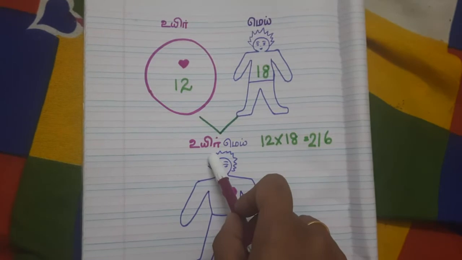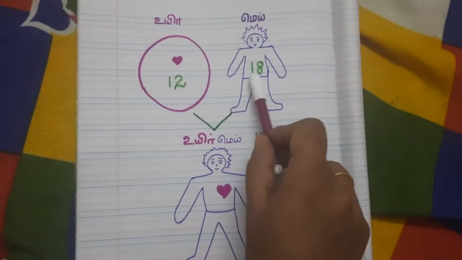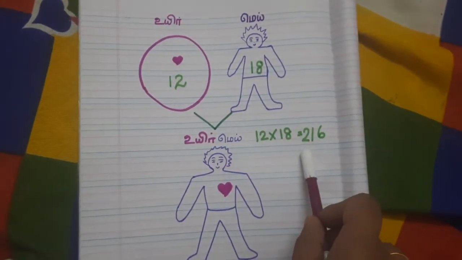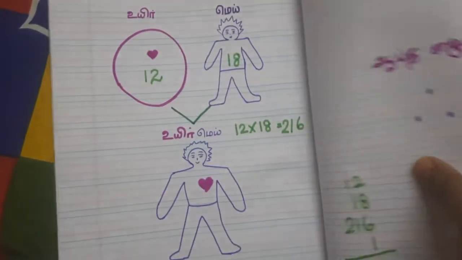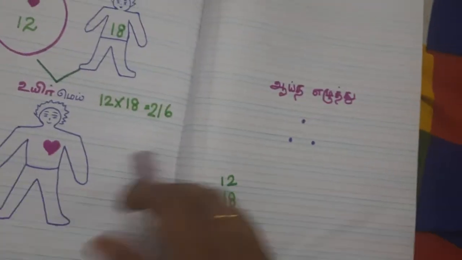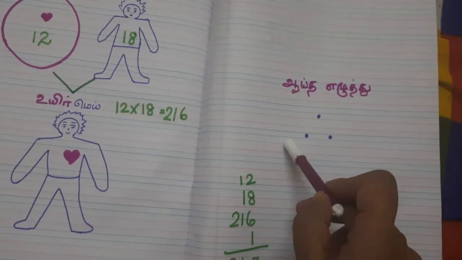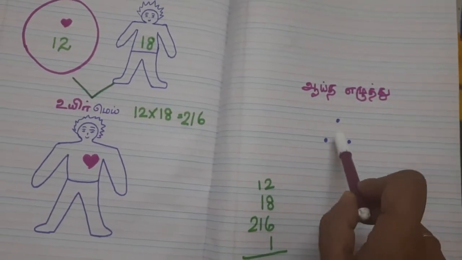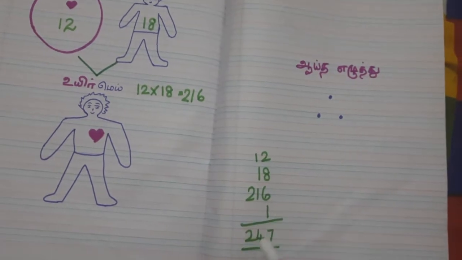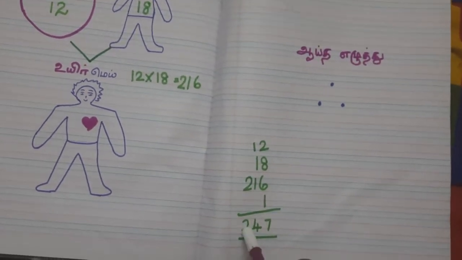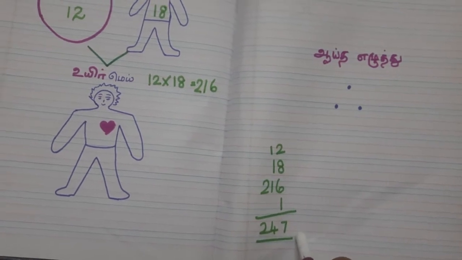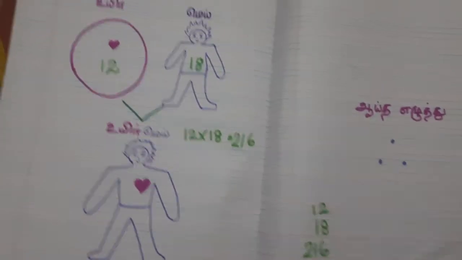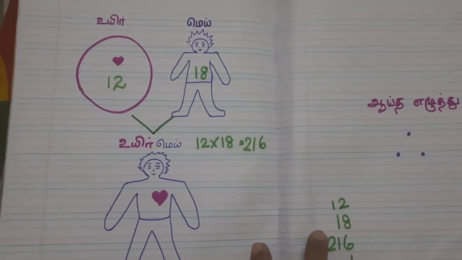There is one more, which we call Ayudha Eluthu. When we total all four items, we get 247 as the total letters in Tamil. Now let's see each letter in detail.